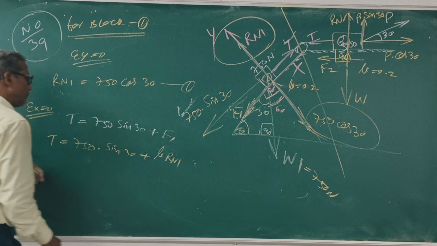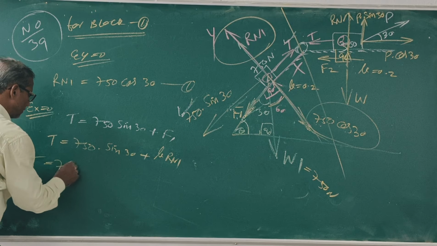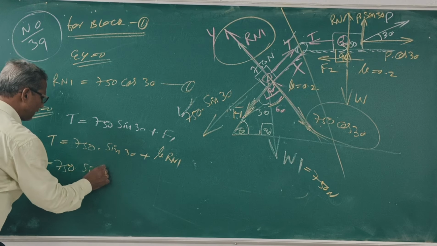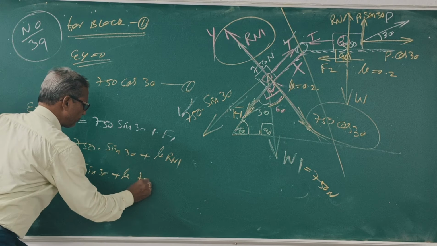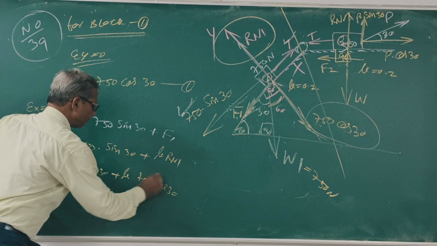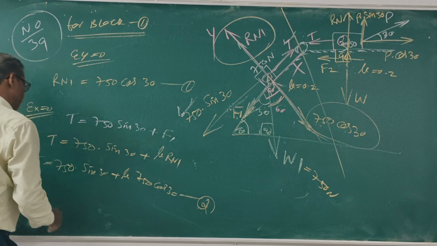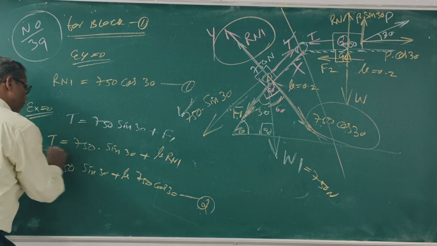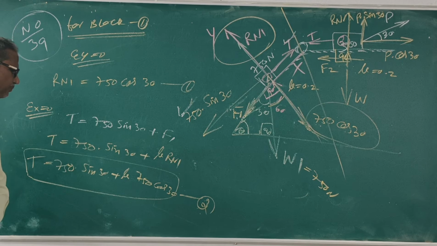So T is equal to 750 sin 30 plus mu Rn1. What is Rn1? 750 cos 30. This is equation 2. Clear? Now come to block 2.